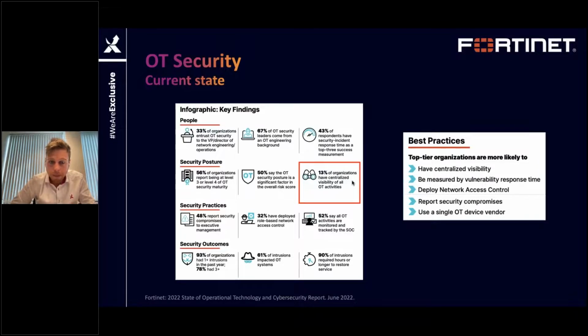So I think that this is a major one that we should have a look at. And the third I want to highlight, role-based access control. This is also something that's really important. Again, OT networks, very critical, only allow access to those who need access, and the whole zero trust paradigm certainly applies to OT networks, but only 32% is convinced that they have the right RBAC in place.